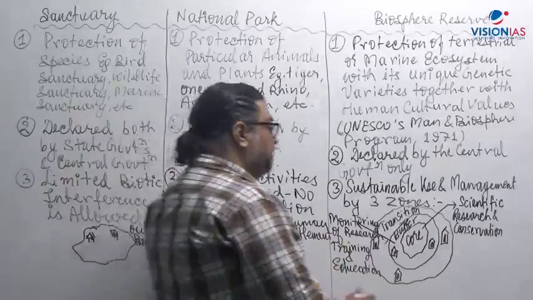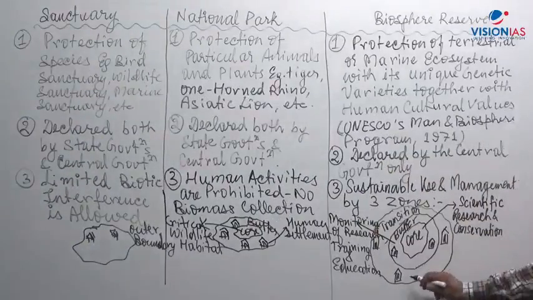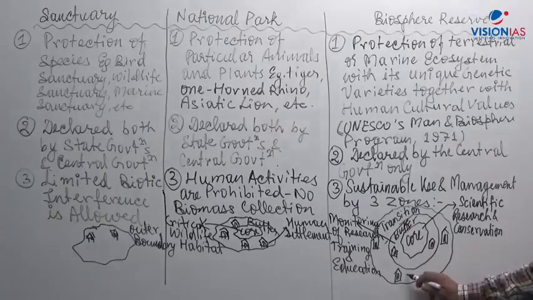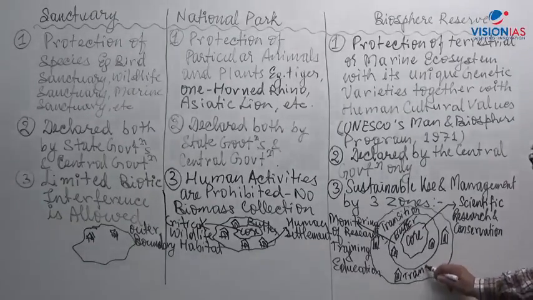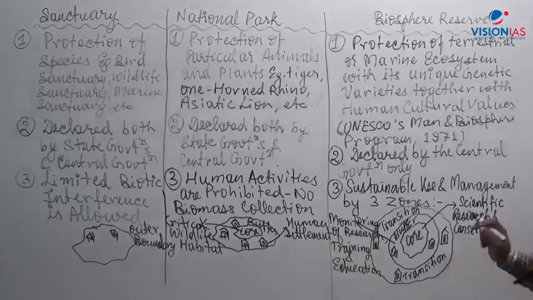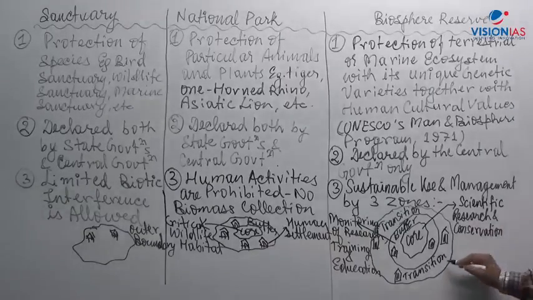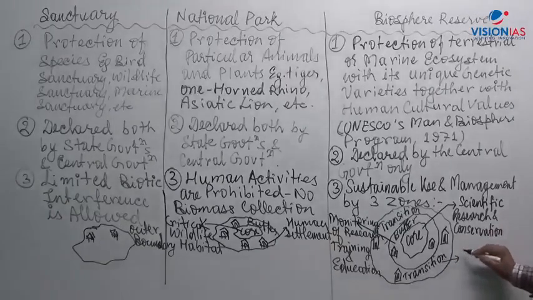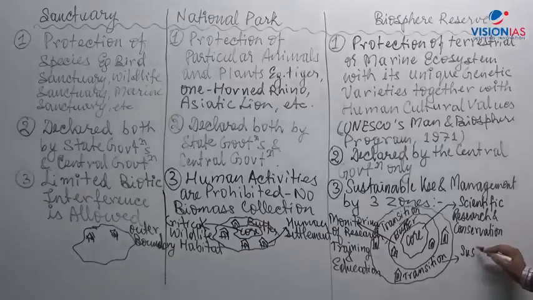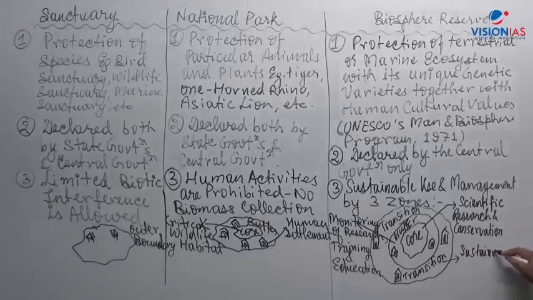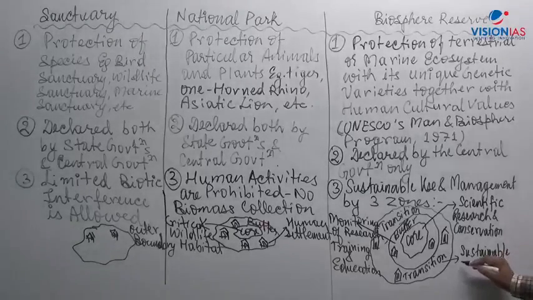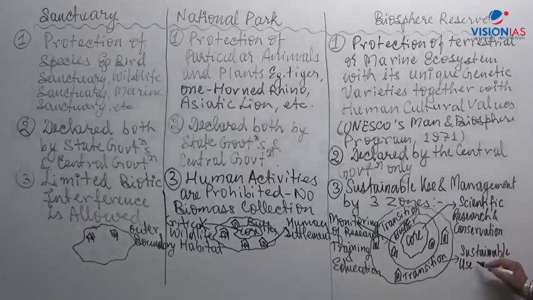Now the transition area. Where is the transition area? Outside is the transition area. The outermost area is the transition area. Here in the transition area is the economic use. All the local communities living there, their agriculture, all their practices, are sustainable use of resources.